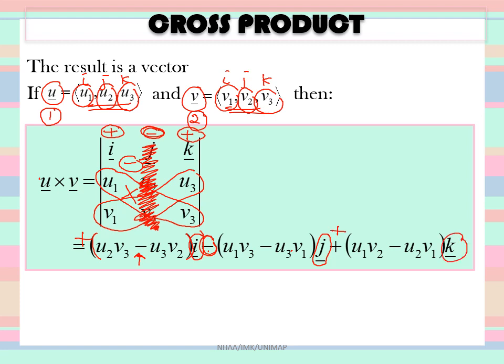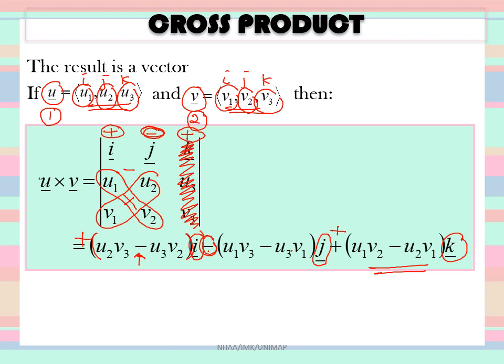Okay, so for K, we will repeat the same way. So temporarily delete this. Alright, and just consider the multiplication of U1 times V2 minus the multiplication of U2 V1.